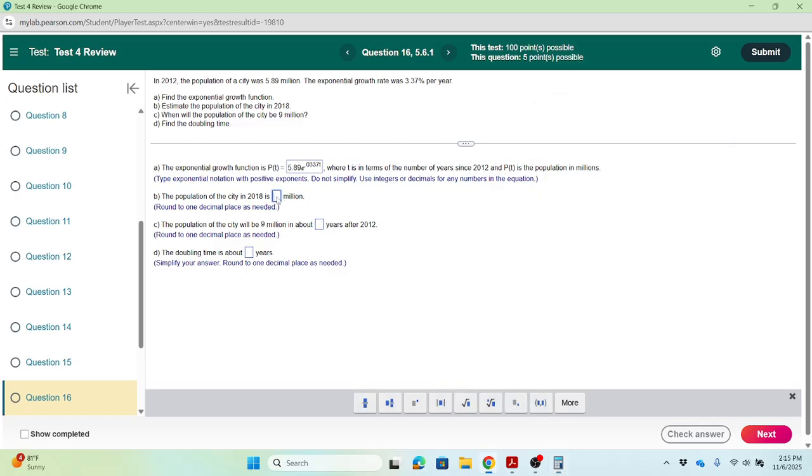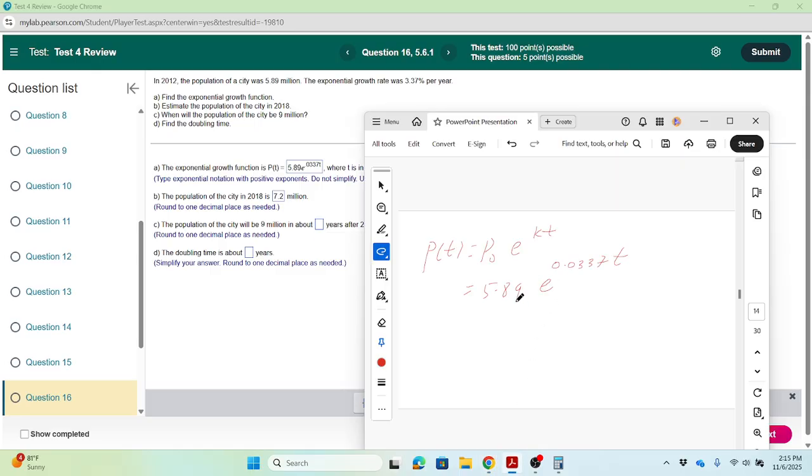Okay, 7.2 million. Now, in about how many years will the population of the city be 9 million? To answer this question, the population is 9 million, so put the value here and solve the exponential equation. 5.89 e to the power 0.0337 t equals 9. Divide both sides by 5.89, and then take ln.